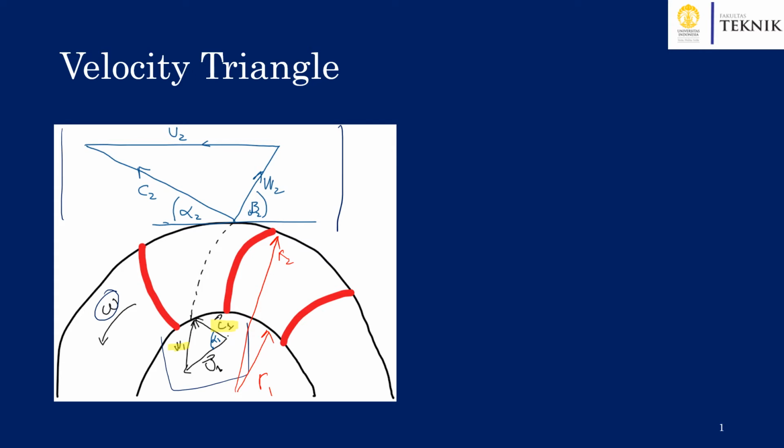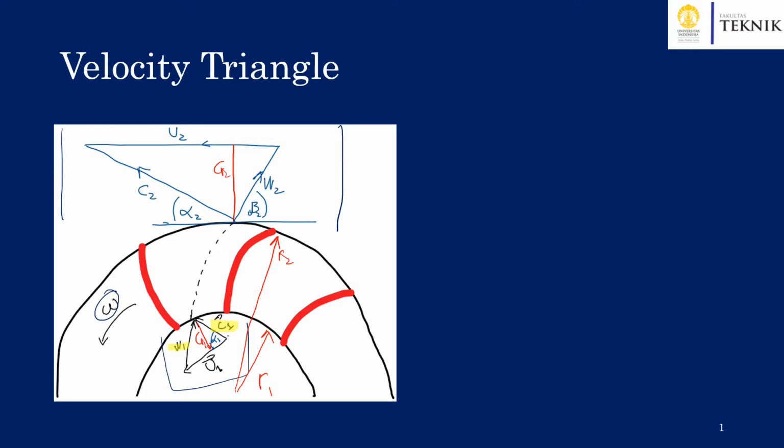As the impeller rotates, we will have the radial and the axial components of both velocity triangles. So at the outlet, we will have the radial component of CR2, and at the inlet, we will have CR1.